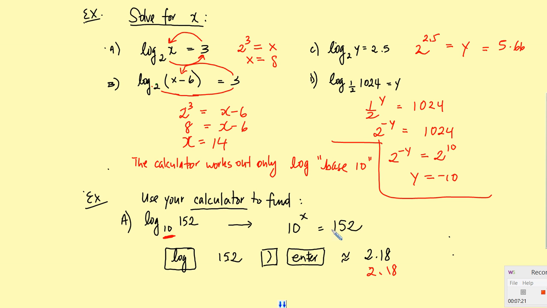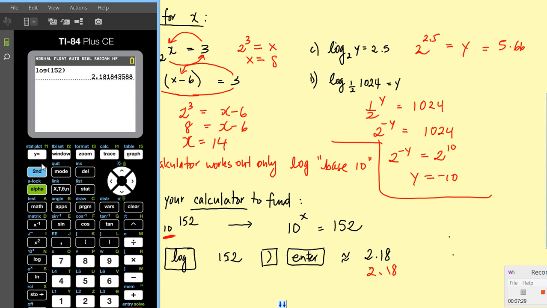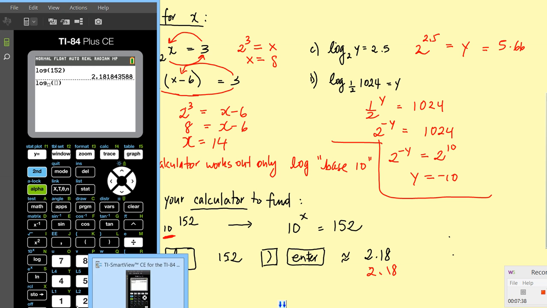The alternative, if this was not a base 10, then I would be able to also work this out. Going into my calculator, I would go to the math button, and I would go onto log base, enter, and I would do log base 10, and then move it over to 152 here, log base 10 of the number 152, and I still get the same answer of 2.18.